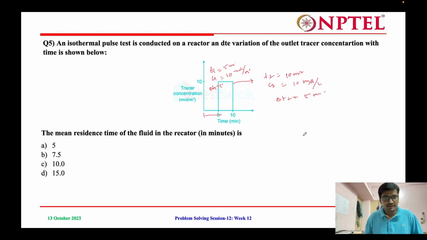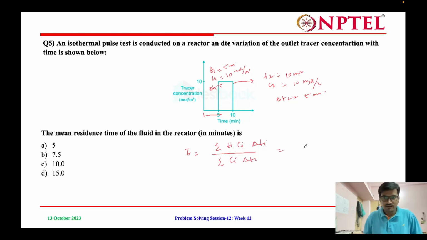Now to calculate the mean residence time, the formula is T equal to summation of Ti Ci delta Ti divided by summation Ci delta Ti.